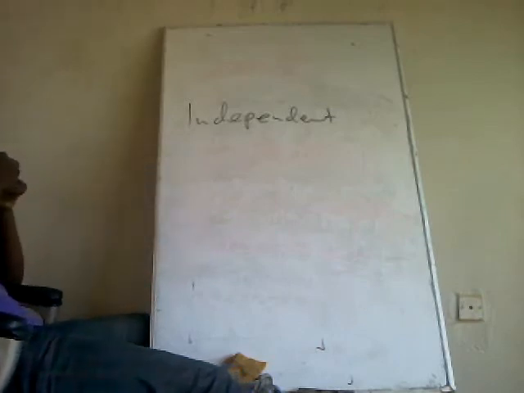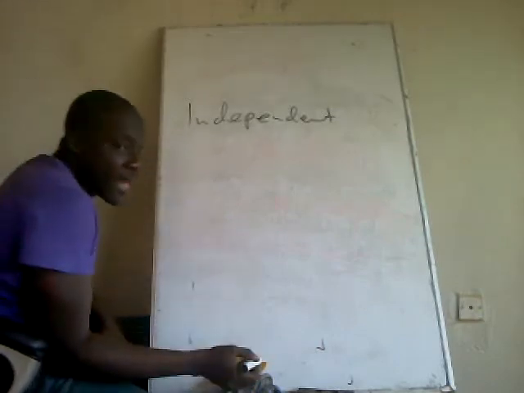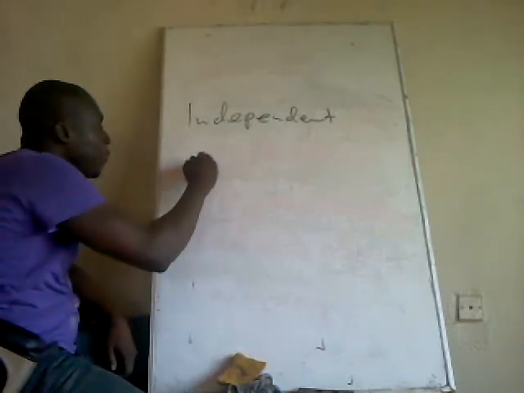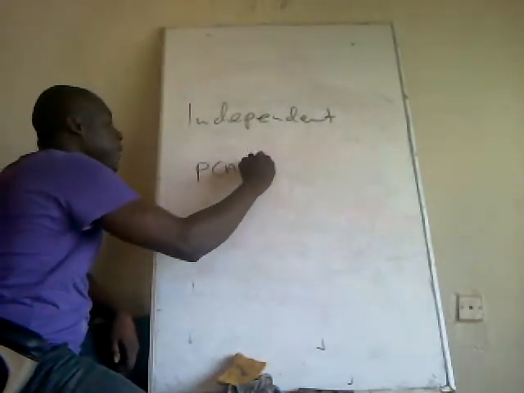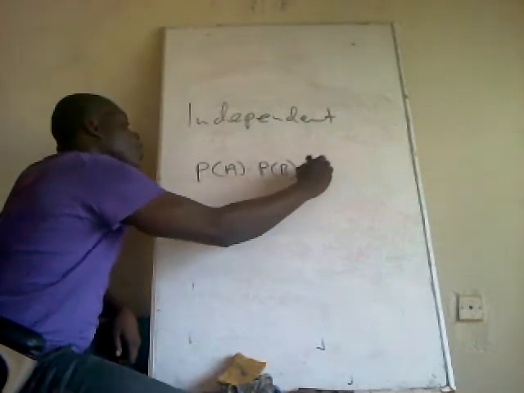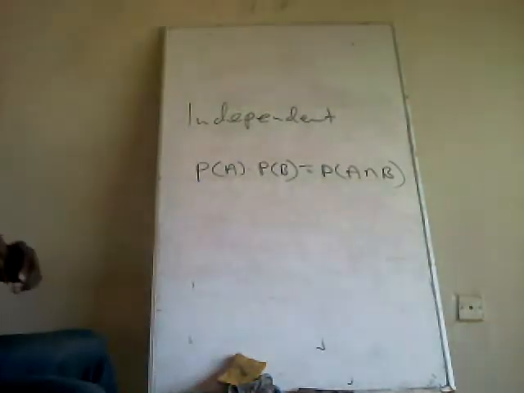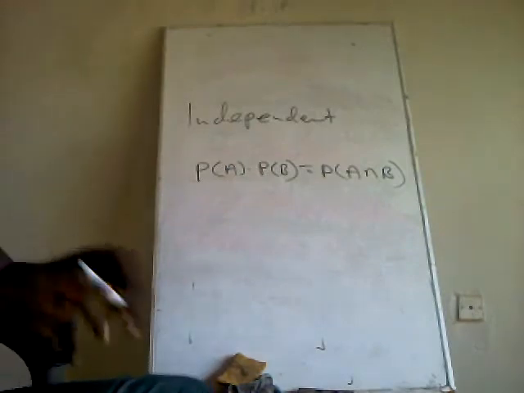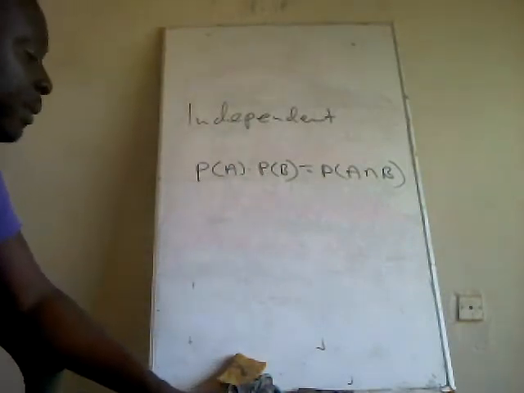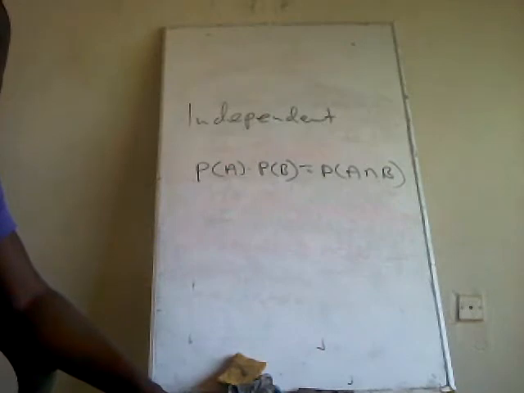Now, mathematically, we say that if two events are independent, then when we multiply their probabilities, P of A times P of B, we should get P of A intersection B. This is the definition for independence.